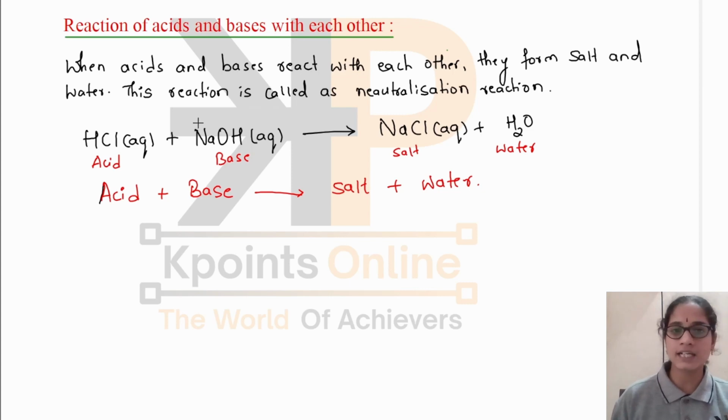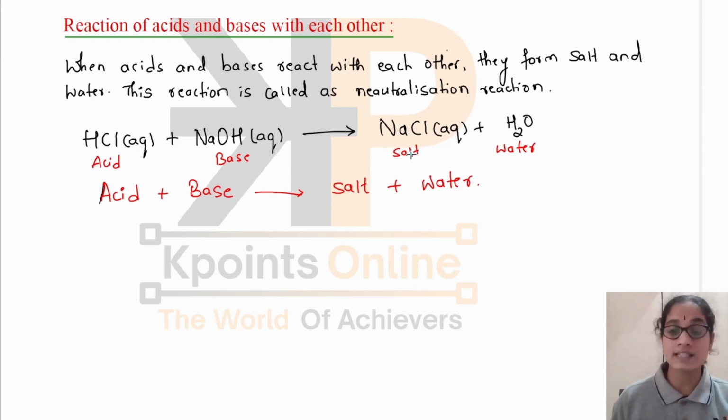Acid nullifies the effect of base and base nullifies the effect of acid. As they nullify each other's effect, they neutralize each other to form a neutral substance, that is salt.